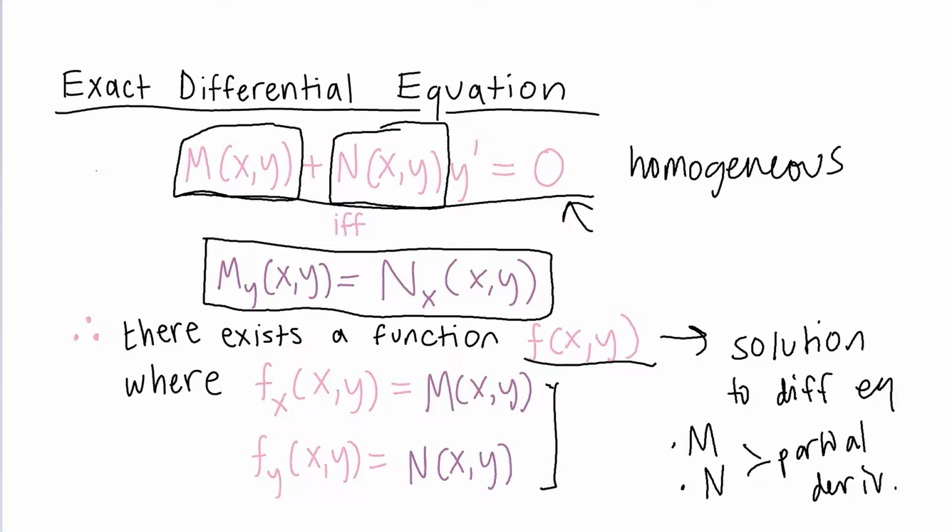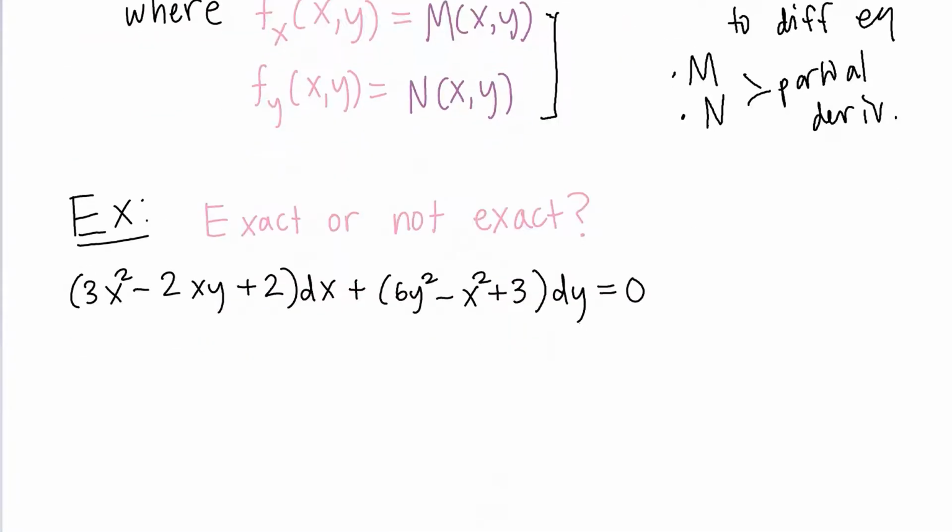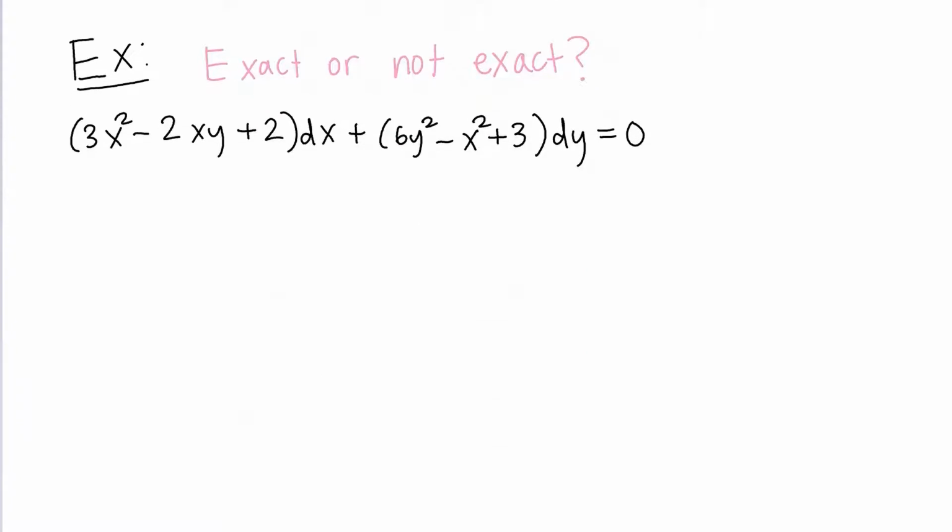So we'll do an example right here. It's asking if this equation is exact or not exact. The only thing we need to check is our M and N, but since we have this dx right here, it's not exactly in the form we want. So we have to divide everything by dx and get it in that form.